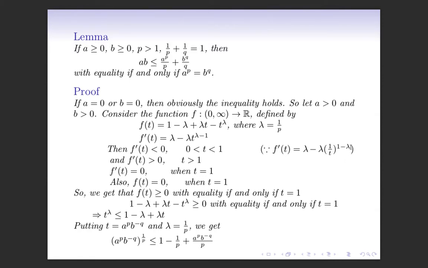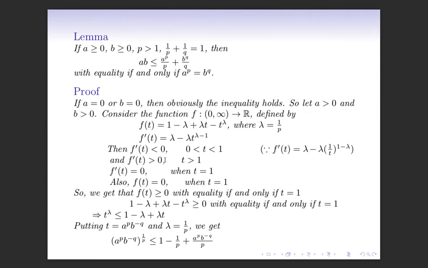Since the power is positive, the second term is more than the first term, and so f'(t) is less than 0. This is negative. For t greater than 1, 1/t is less than 1, and so the second term is less than the first term, and f'(t) is positive. If we put t = 1, then we have λ - λ, which is 0, and so f'(1) = 0.